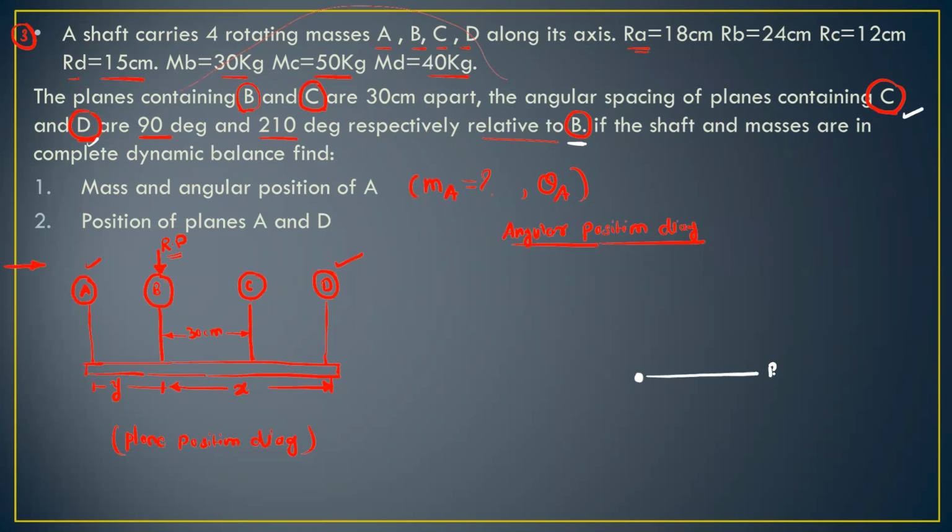So this is the mass B. Suppose this is the reference x-axis or 0 degree. With respect to mass B, C is at 90 degree.